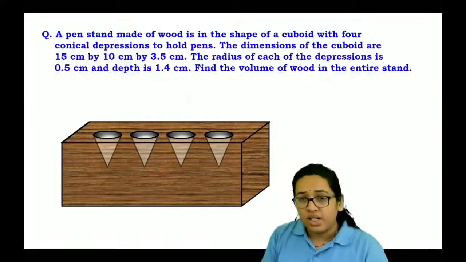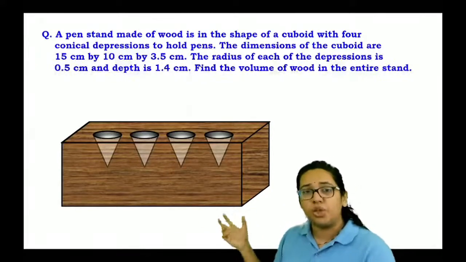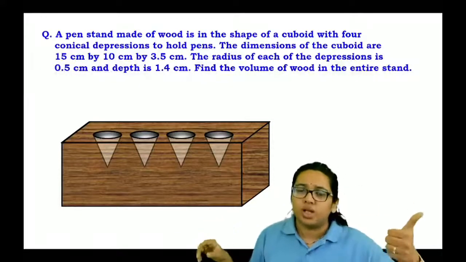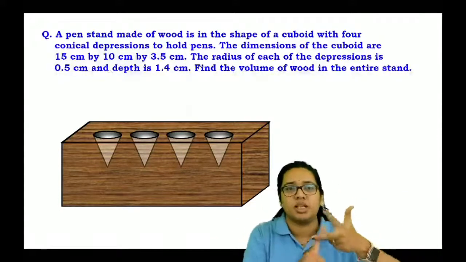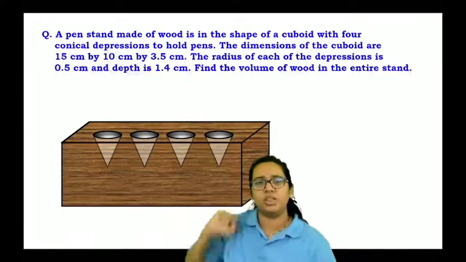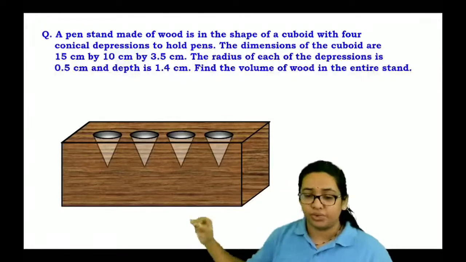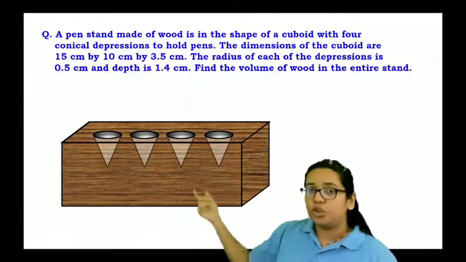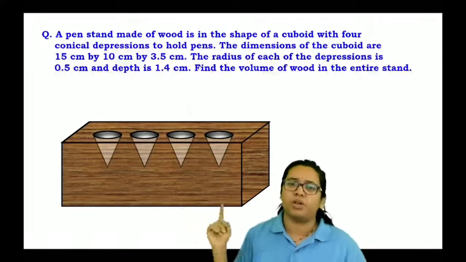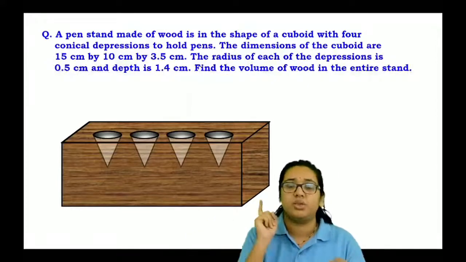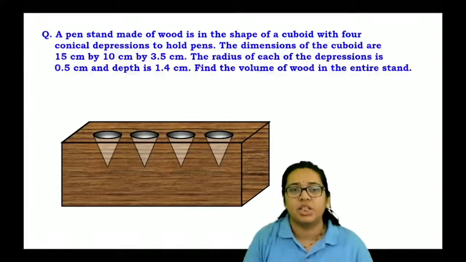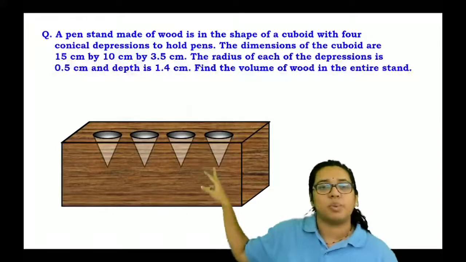So for finding out the volume of the whole cuboid, you should have the values of l, b, h. Already we have these values. The second case is that for finding out the volume of the conical part, again you should have the values of radius r and h.